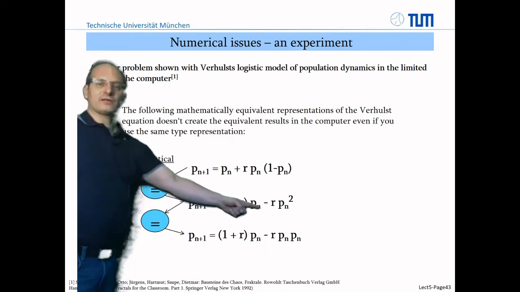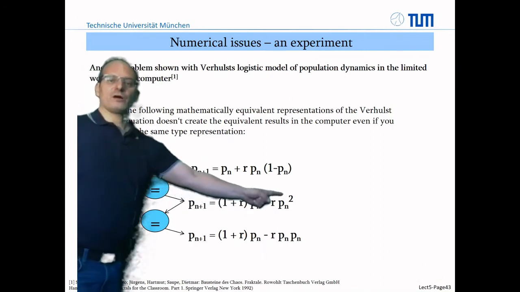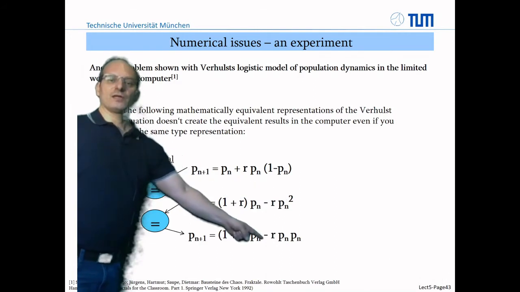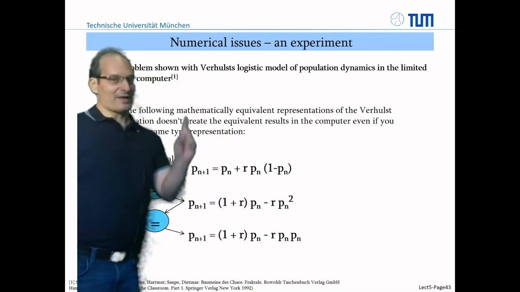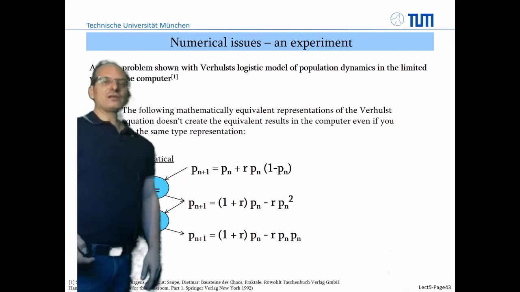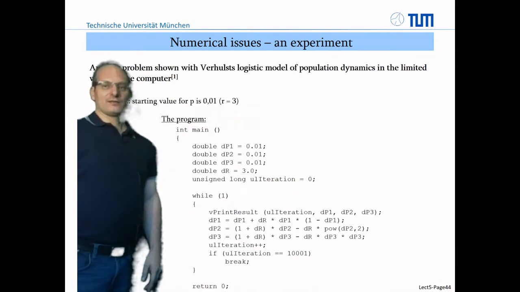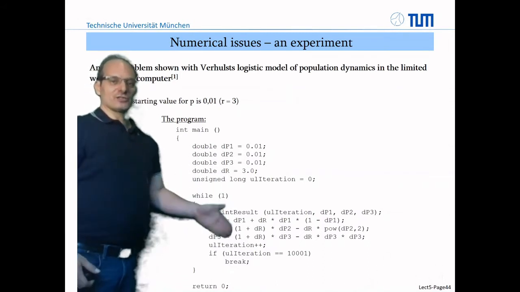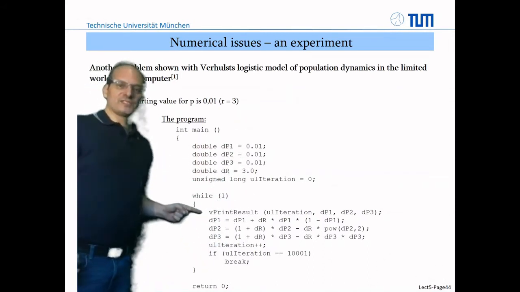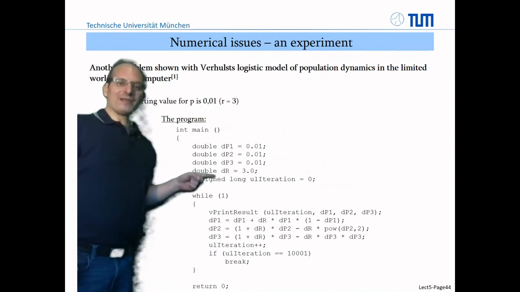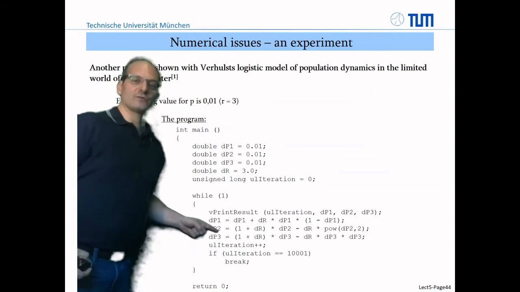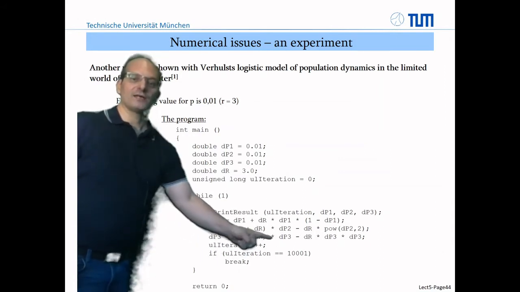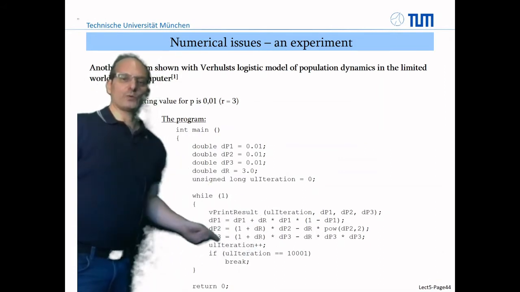For example, here, pn to the power of 2 is the same as pn times pn in math. So if we calculate it in the numeric range, with this program, you see that we now use complete double precision, and we do the calculation here. So these are the three terms, the three equations.